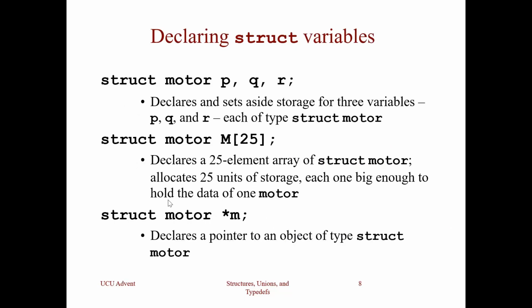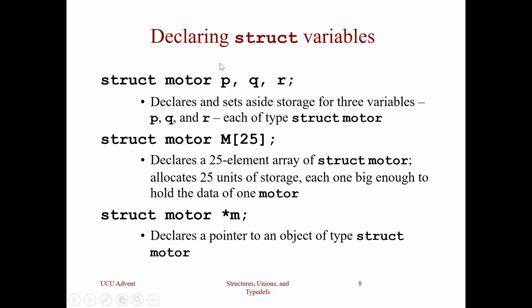When declaring structure variables, you can declare them on one line using the keyword struct, then you say motor, p, r, and q. All those are variables under the name of motor, of type structure. This will declare those variables under struct motor.